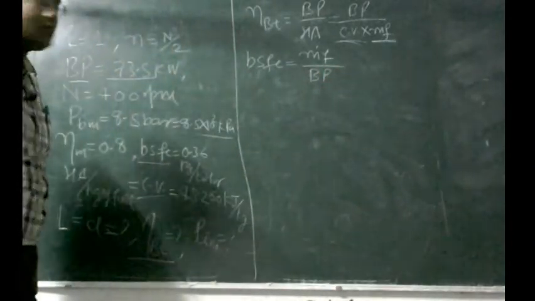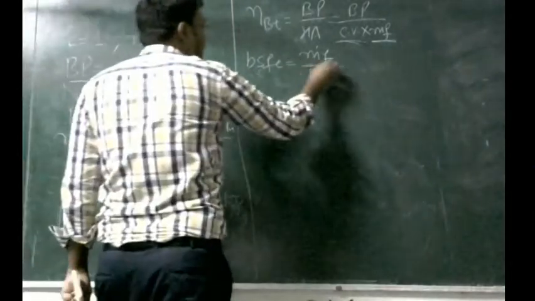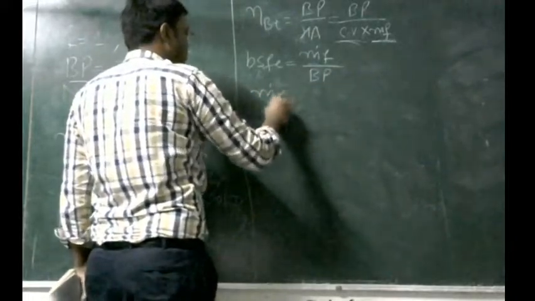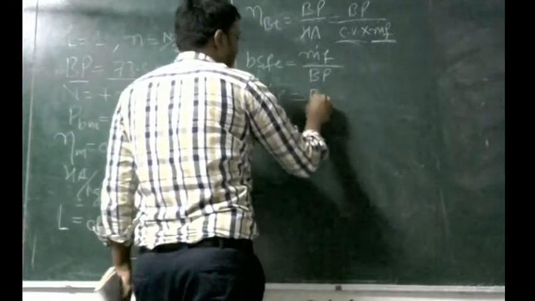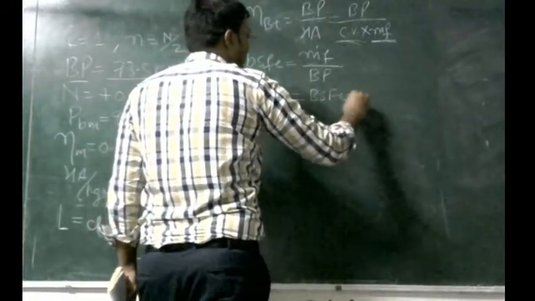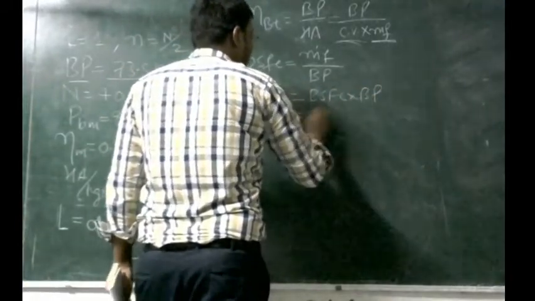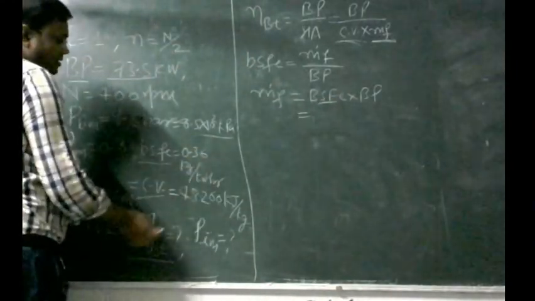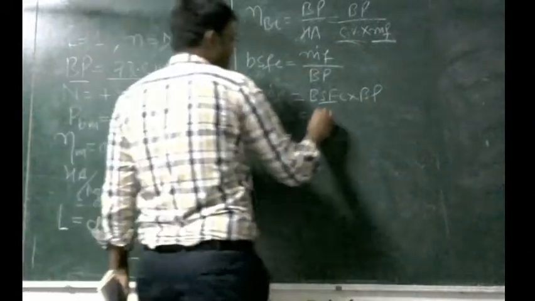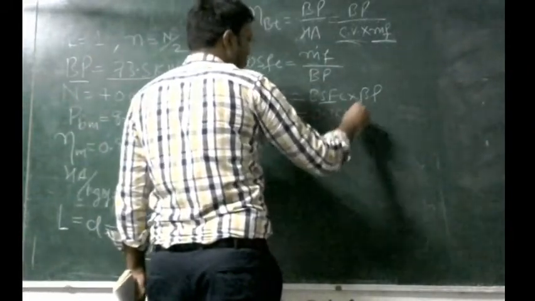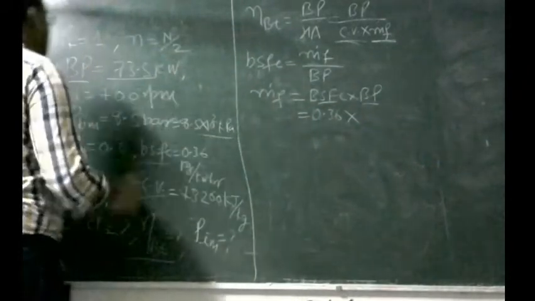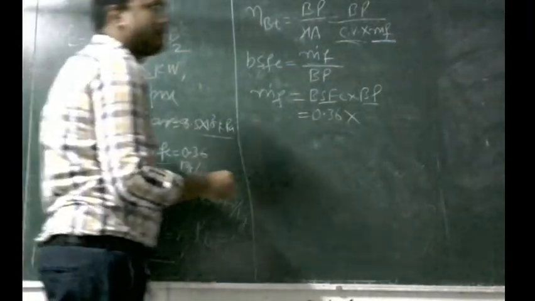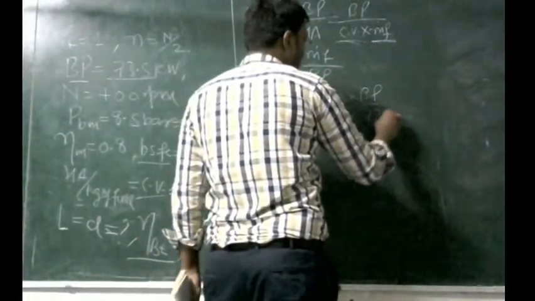Okay, so we can calculate the mass flow rate of fuel: m dot f is equal to BSFC into brake power. BSFC is given in the question, BSFC equal to 0.36, into the value of brake power, which is 73.5 kilowatt.